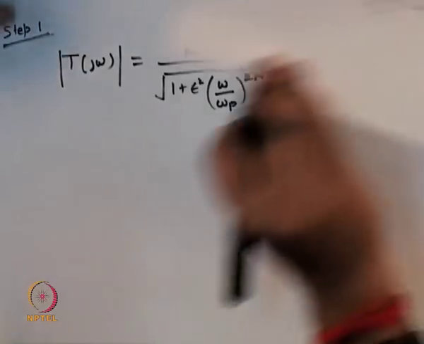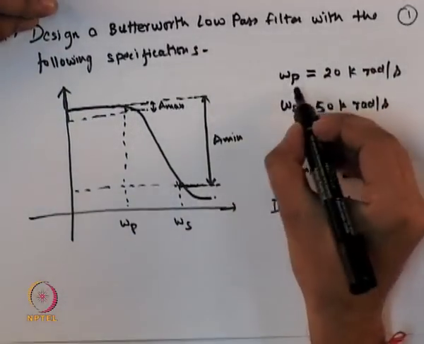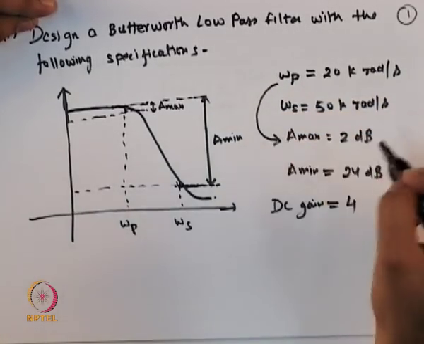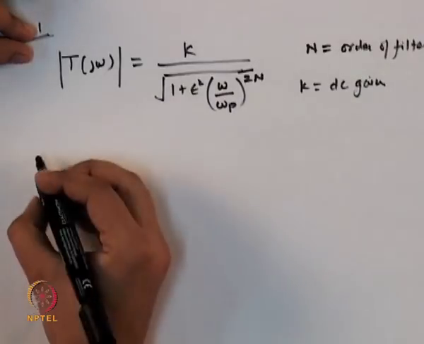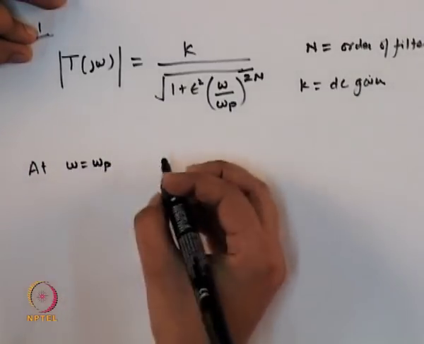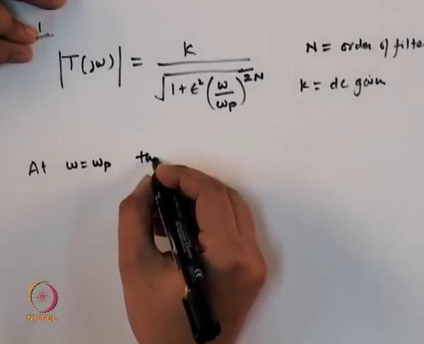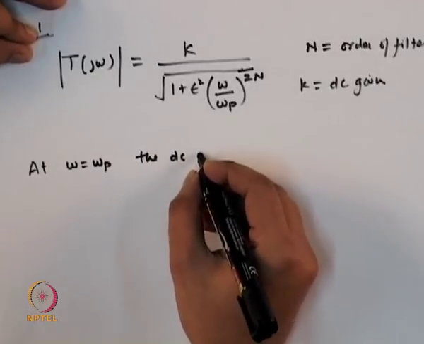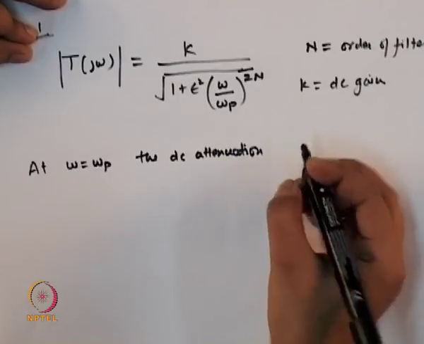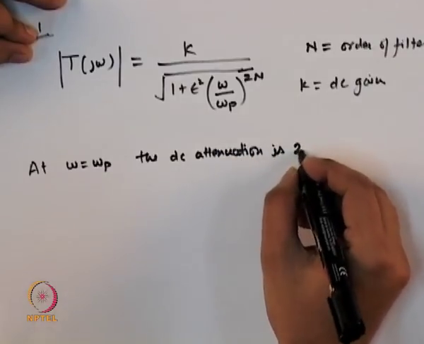As given in this specification, at omega p, A max is 2 dB. At omega equal to omega p, the DC attenuation is 2 dB.